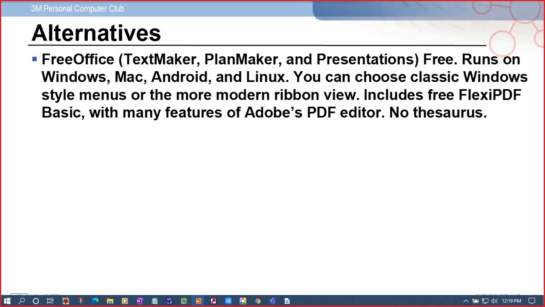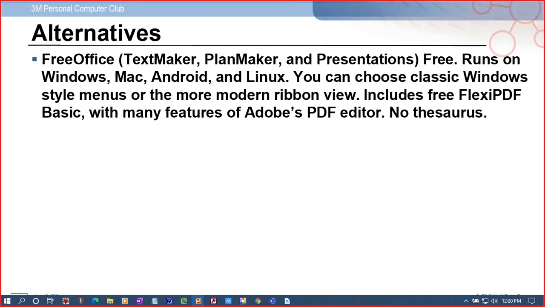Another option is FreeOffice: TextMaker, PlanMaker, and Presentations. It's free, and runs on the following platforms. You can choose classic Windows menus or a modern ribbon. The nice feature about this is it also includes a free FlexiPDF Basic, which gives you a lot of the Adobe PDF editor functions for free.